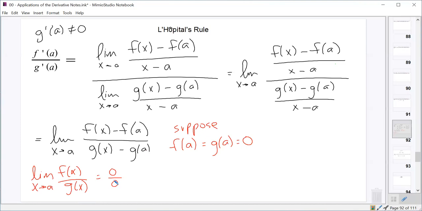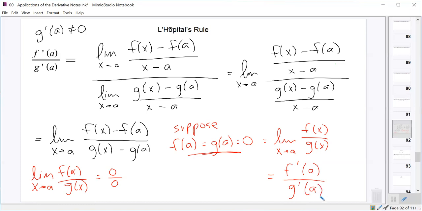So supposing that this is true, we just end up with the limit as x approaches A of f of x over g of x, which we now know to be 0 over 0, is equal to what we began with, which was f prime of A over g prime of A.